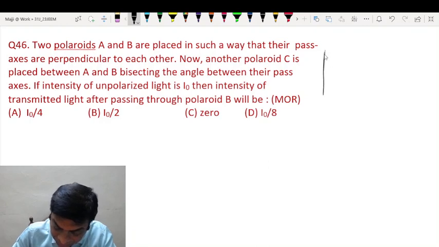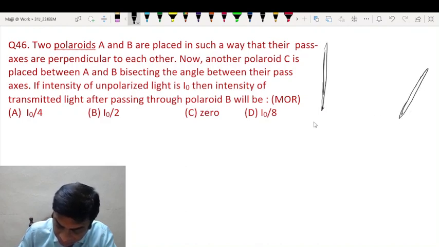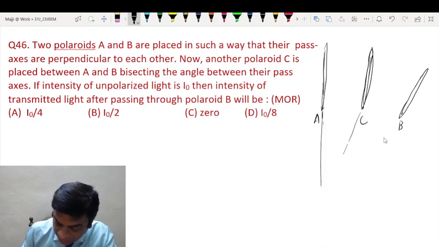Suppose this is the pass axis of A, this is the pass axis of B, and in between there is another Polaroid, that is C. As you can see, the angle between the pass axes of A and B is a right angle. So for these it will be 45 degrees each.